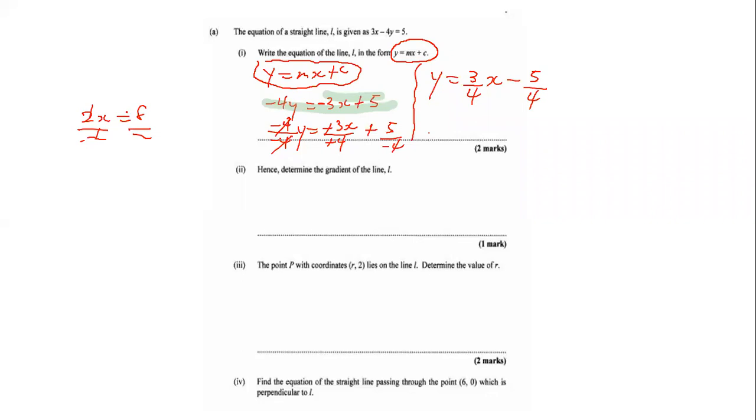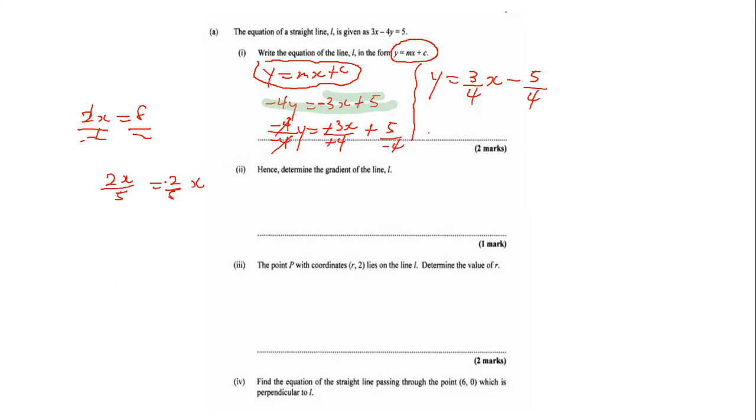Sir, a question. How did the fraction on the x become separate from the x? Like I see that you have 3x and then you put 4 under it, but on the next part of the equation, you say y equals 3 over 4 x. How did that happen? It's the same thing. Because if I have 2x over 5, it is the same thing as 2 over 5 x, because at the end of the day, you multiply the 2 times the x, you get 2x over 5.